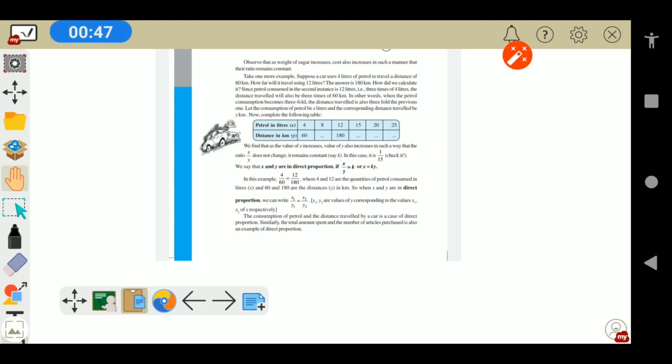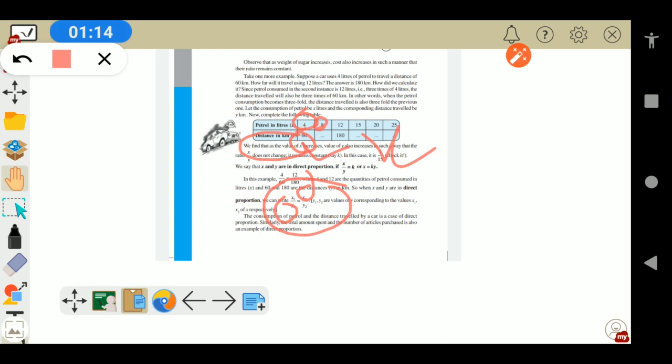Now we can write direct proportion in this form. Here we have x1 and x2. The quantity is x, and x1 is the initial value and x2 is the final value, and y1 is the initial value of the second quantity, and y2 the second value of this quantity.